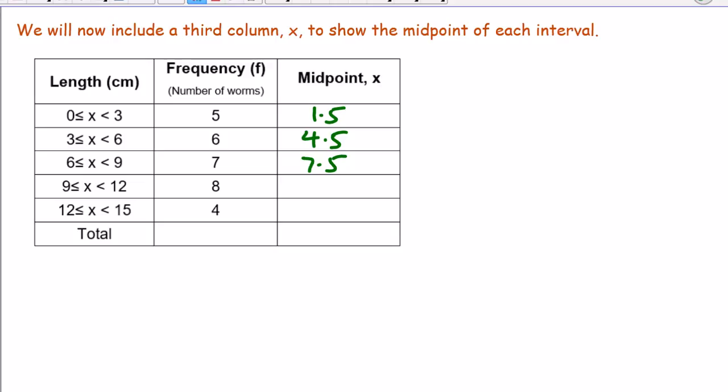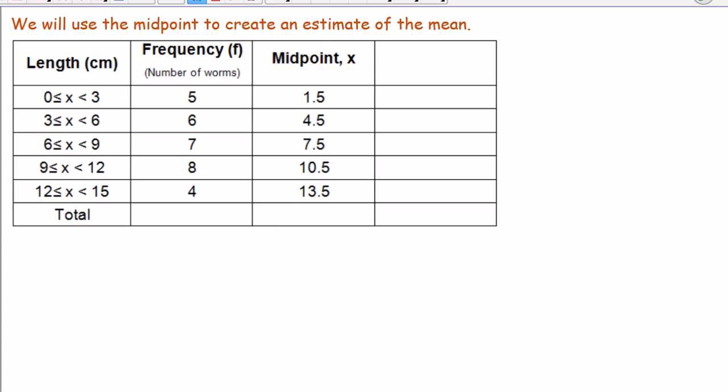And 9 plus 12 divided by 2, we have 10.5. 12 plus 15 divided by 2, we have 13.5. And these are what we call the midpoints of each of those class intervals. Now we will use the midpoint to create an estimate of the mean.